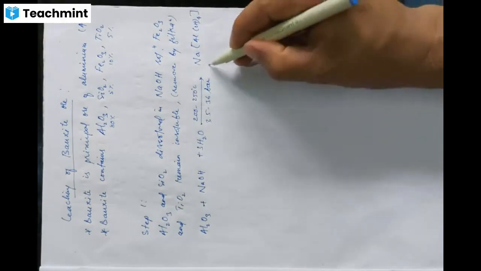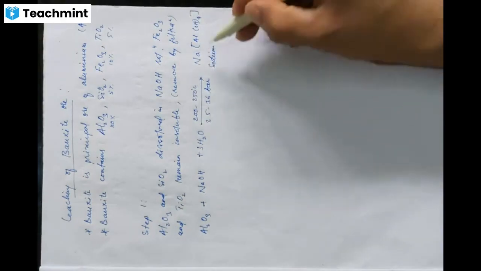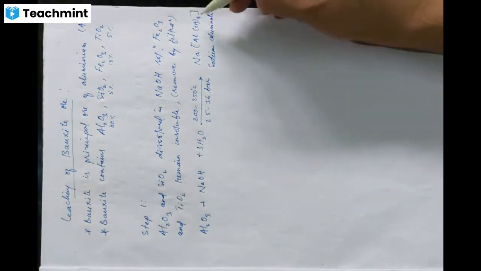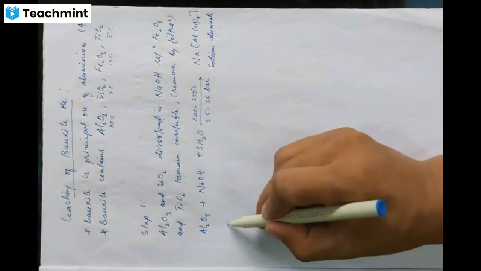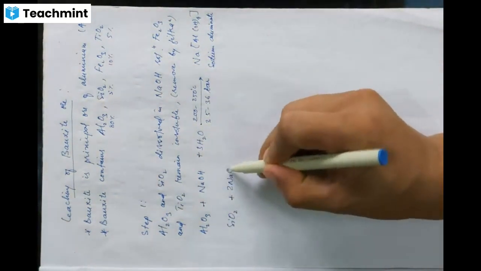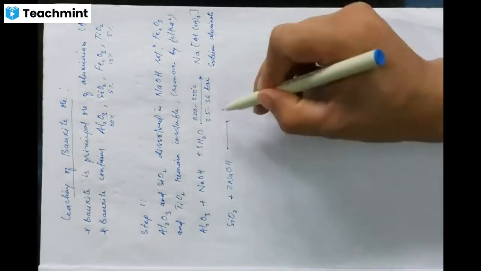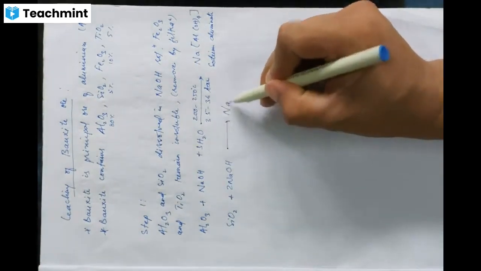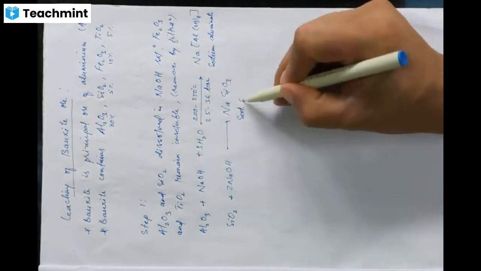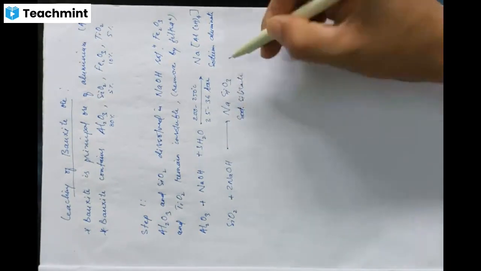So this is our sodium aluminate, and this is in the aqueous state. And even our silicon dioxide reacts with sodium hydroxide to give us sodium silicate, plus a little bit of water.